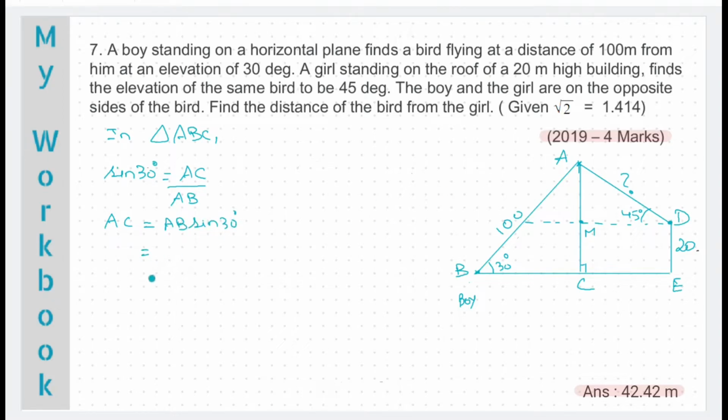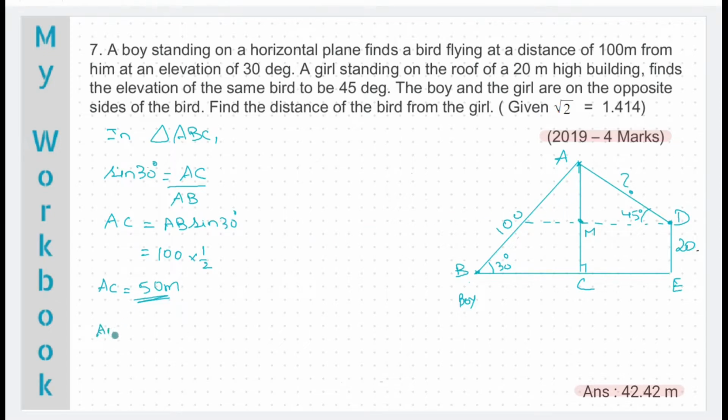AB is 100 and sine of 30 is 1 by 2. So we can conclude that AC is 50 meters. AC is the total vertical height. We know that the building's height is 20.